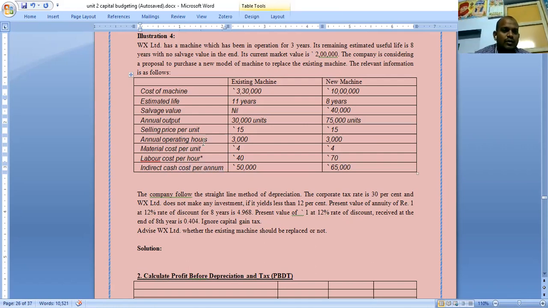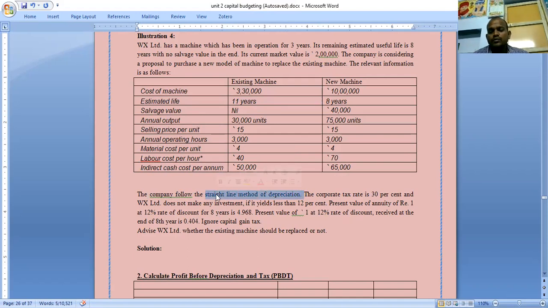So we have to calculate the cash inflows and initial cash outflows, and then the company follows the straight line method of depreciation. So while calculating the cash inflows, we have to deduct the depreciation for tax purpose and we have to add it to the profit after tax.